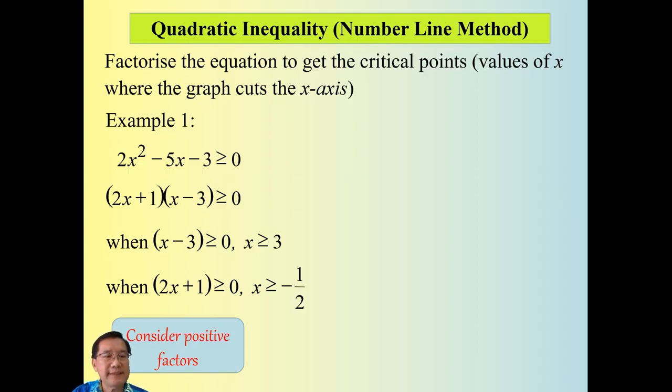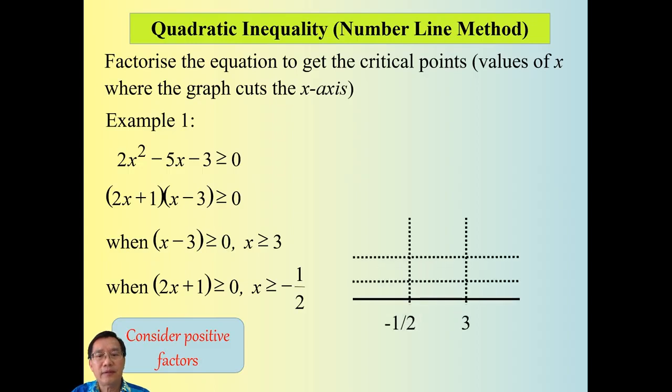We factorize to x minus 3 times 2x plus 1 greater than or equal to 0. We consider positive factors, which is x minus 3 greater than or equal to 0, then x is greater than or equal to 3. When 2x plus 1 is greater than or equal to 0, x is greater than or equal to negative half.